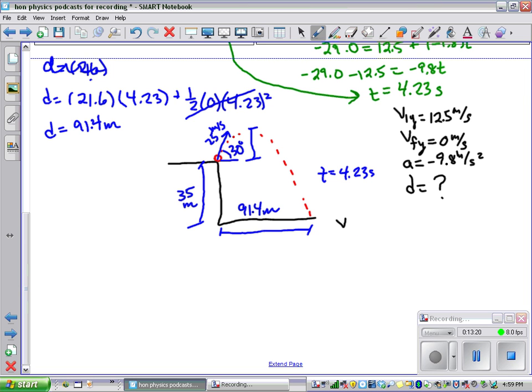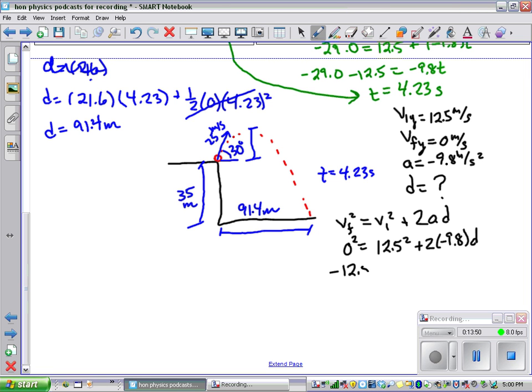So VF squared equals VI squared plus 2AD. 0 equals, 0 squared technically, equals 12.5 squared plus 2 times negative 9.8 D. So 0 squared is 0.